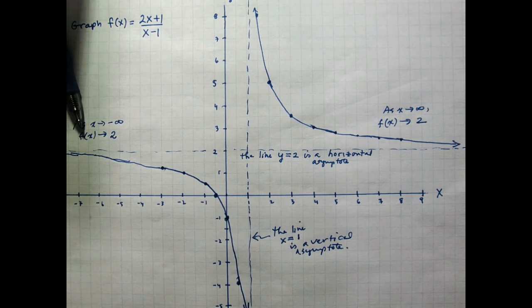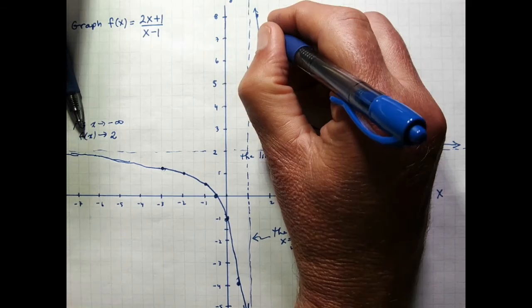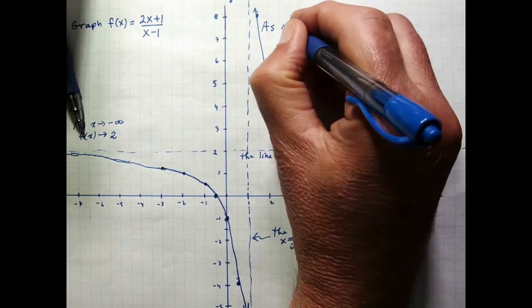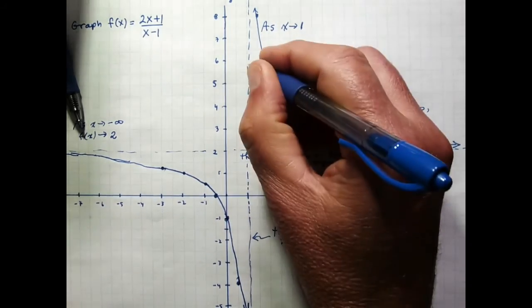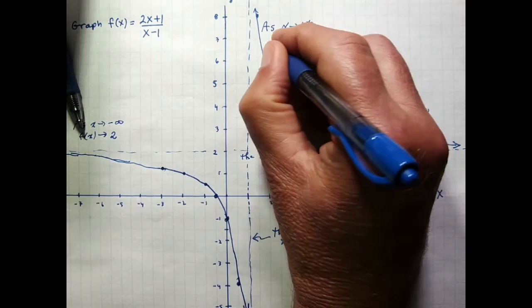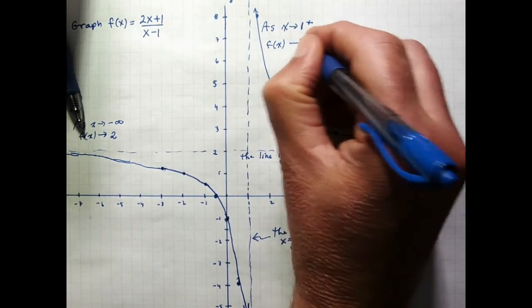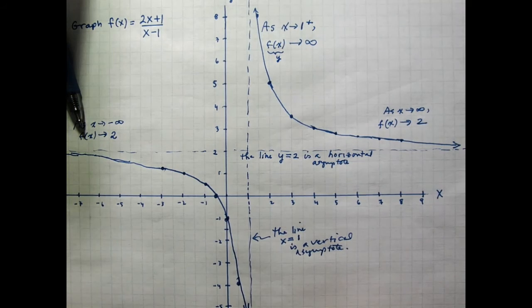Now, just before I finish this up, I want to add a little bit more notation here. We say that as x approaches 1, where the vertical asymptote is, from the right, there's that little plus sign, f of x, the function values, shoot off to infinity. That means y values go off to infinity.